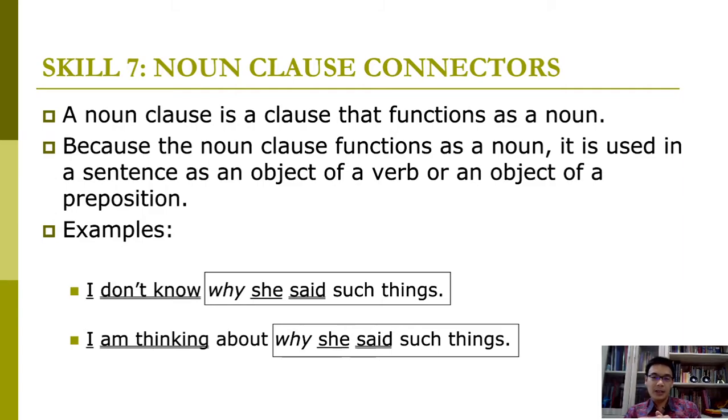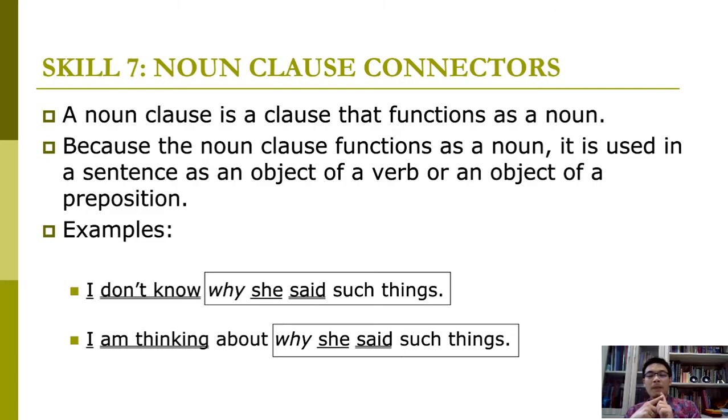Let's take a look at the examples. In the first example, the words in the box are what we call a noun clause. Remember that a clause has its subject and its verb.